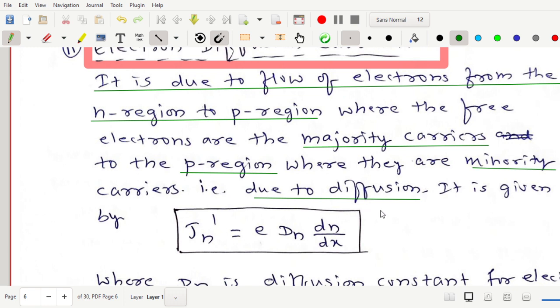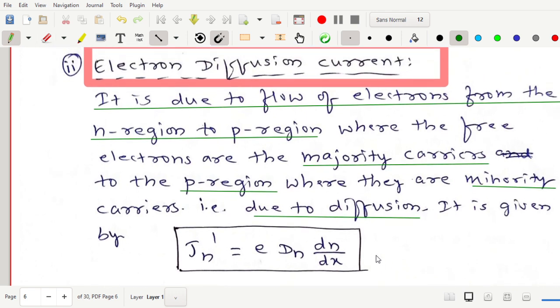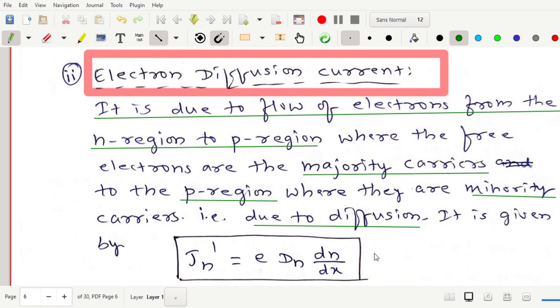So now the expression for electron diffusion current is given by Jn prime is equal to e Dn dn by dx. So this is the expression for the electron diffusion current. Now we have got two expressions.